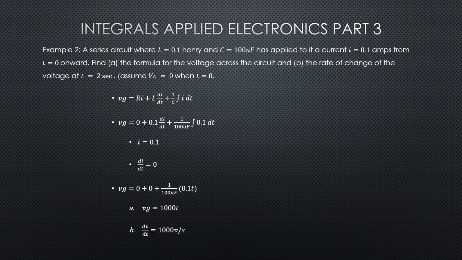So if we take di dt of I, we get 0. So in our formula Vg, we have no R in the original question, so that's equal to 0.